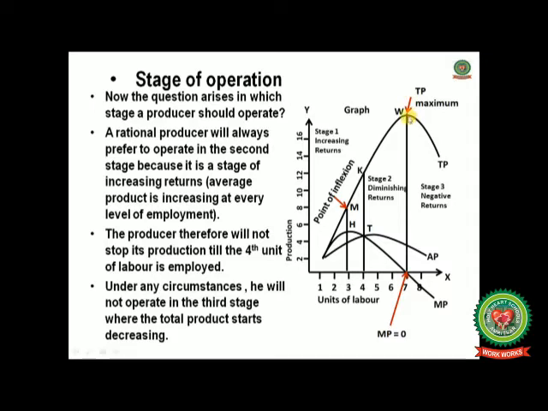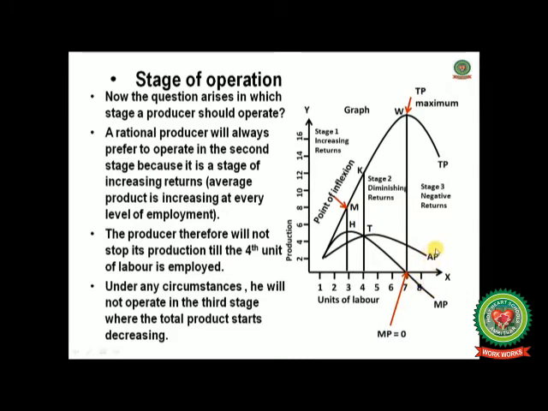From the diagram you can see that total production starts decreasing, marginal product becomes negative, and average product is also falling. But you can see one difference here: average product will not touch the x-axis, whereas the marginal product touches the x-axis and even goes below it.